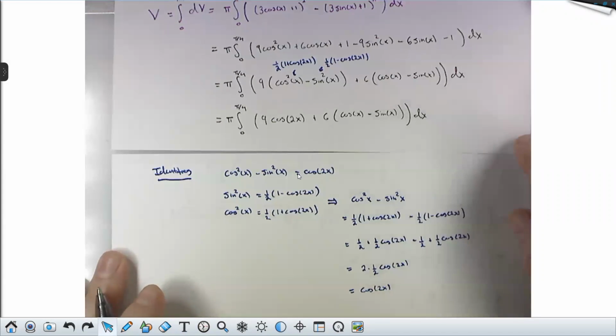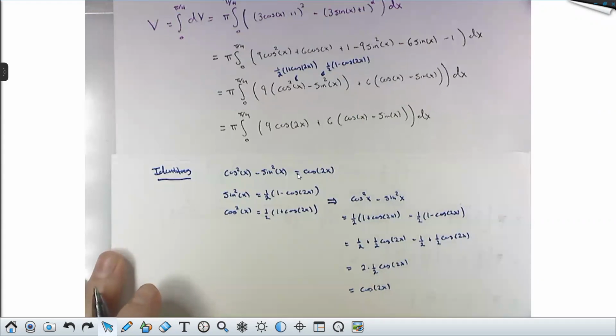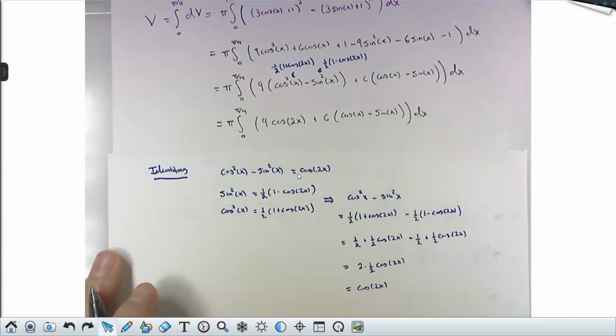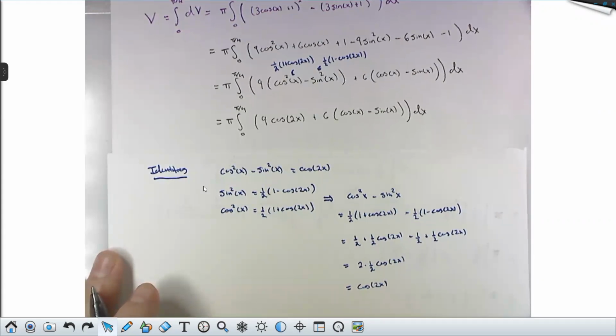Let me hold here for a second for those who are wondering about this, and then I'll address the other question that was asked. I think it is worthwhile having this in your head. You should know a half angle identity for sine and a half angle identity for cosine.